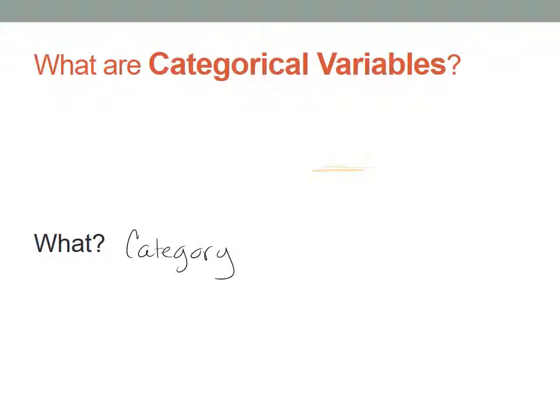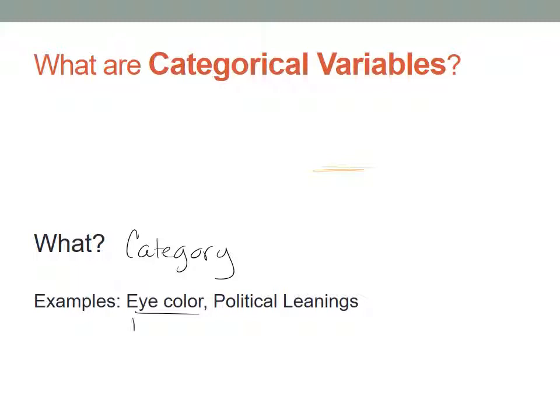So maybe it's best to understand this through an example. Like eye color. When you gather information about eye color, the information that you gather is that eye color is brown, blue, green, hazel. I guess we could go on for a while, but we're certainly not going to include red in our list unless we're not talking about humans.